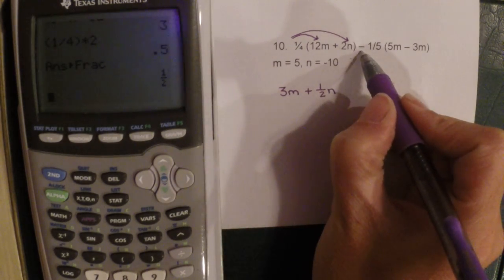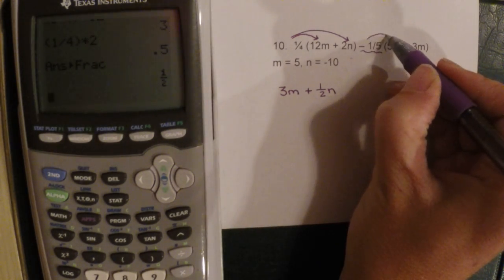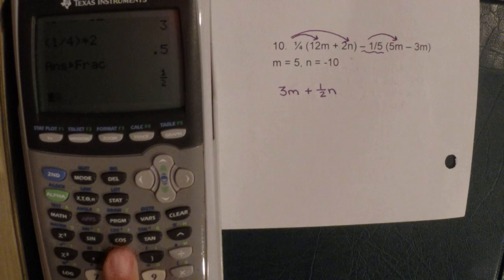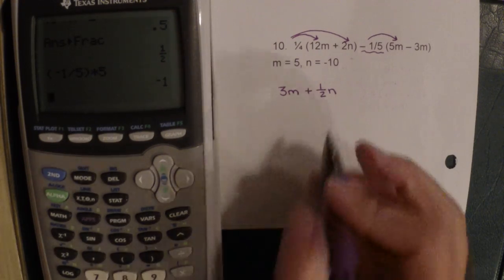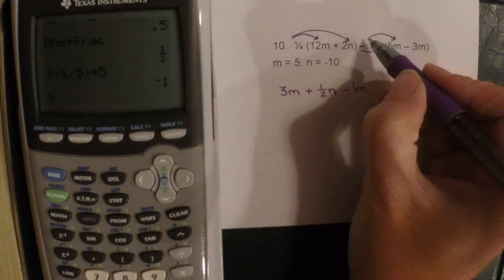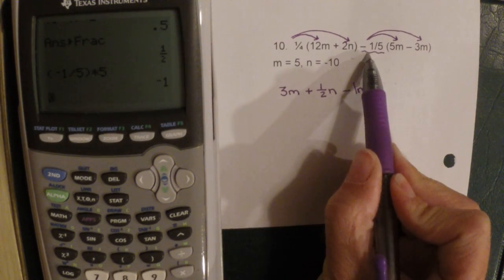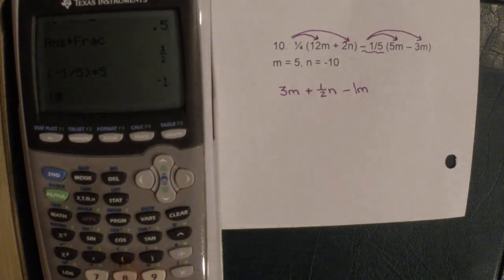Then on this side, remember I'm distributing a negative 1/5. So this is negative 1/5 times 5, so parentheses, negative 1/5 times 5 gives me negative 1, so minus 1m, and then here, negative 1/5 times negative 3.